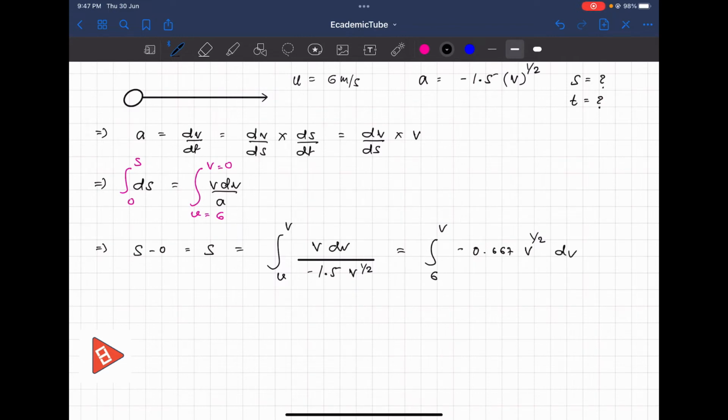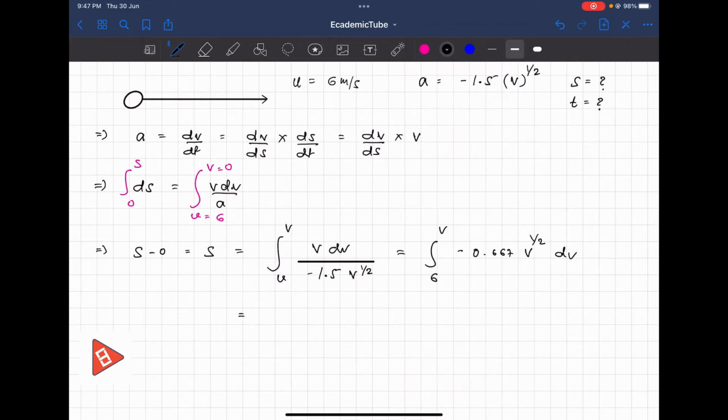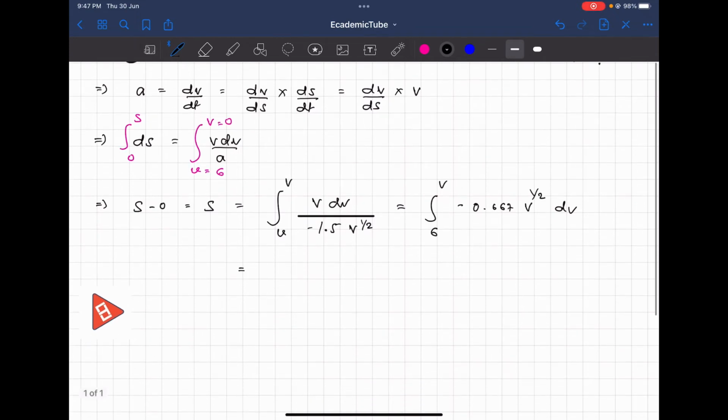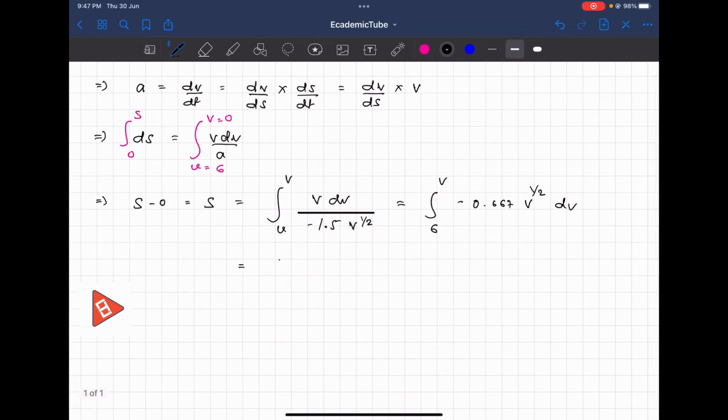Now we will integrate this one. So we will get minus 0.4444 v to the power 3 by 2 plus 6.532, evaluated from 6 to v.